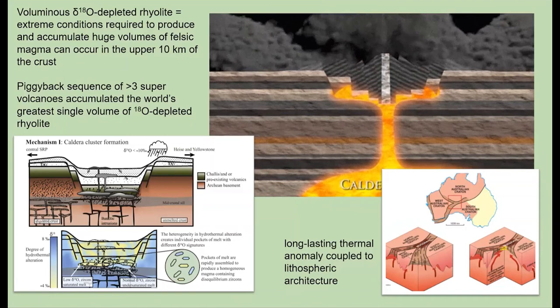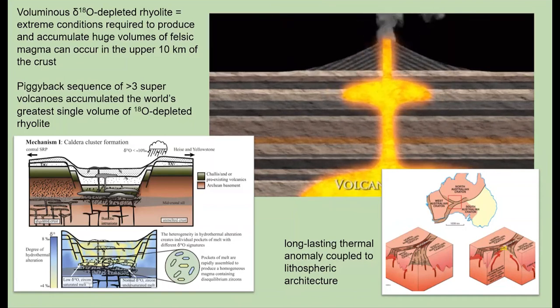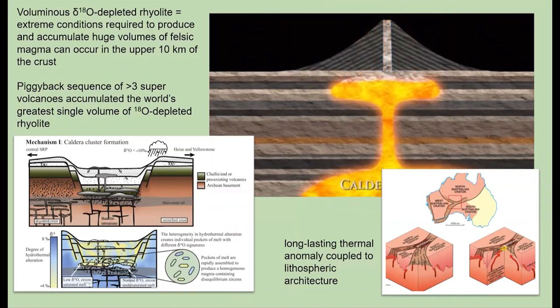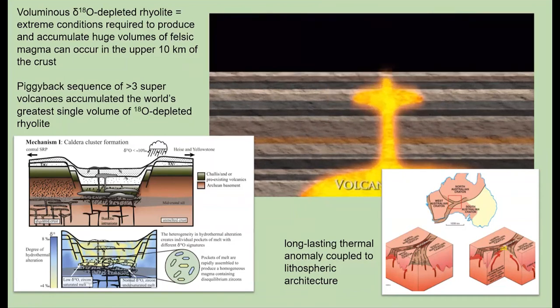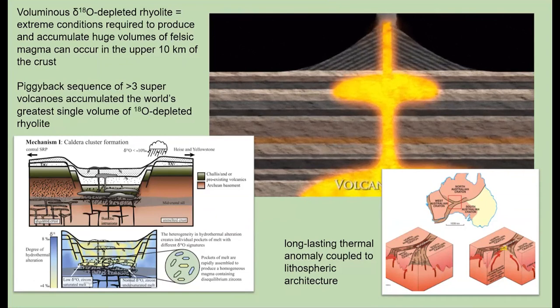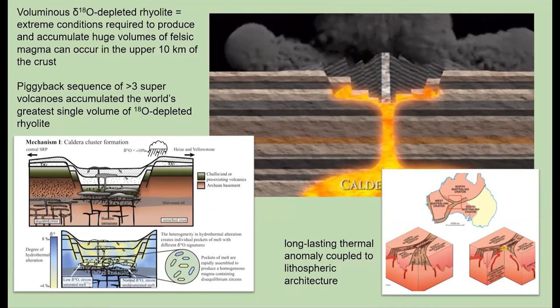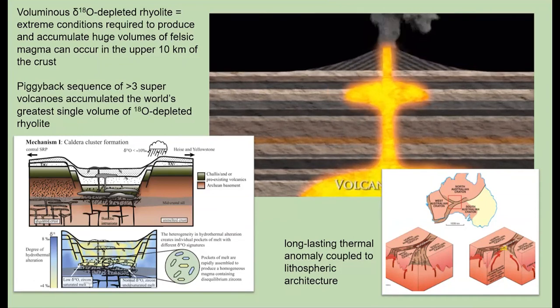Those altered rocks falling back into the chamber will themselves get remelted in a later volcanic pulse. So you get this mechanism of the volcanic system essentially eating itself and chewing through these light oxygen magmas.